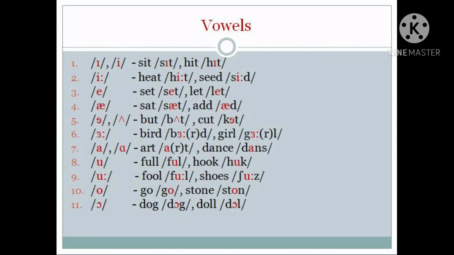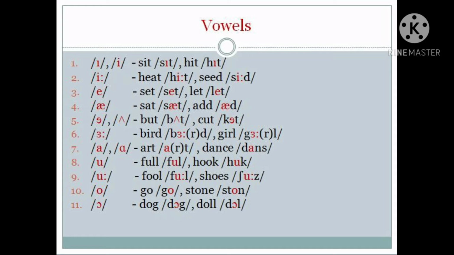The first sound that we are going to discuss under the vowels is the sound E. As you can see, this sound has two symbols that can be used for it, and its examples include words like sit and hit.